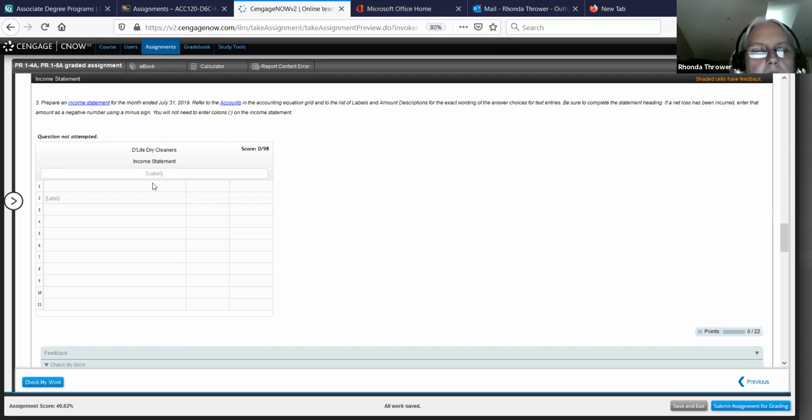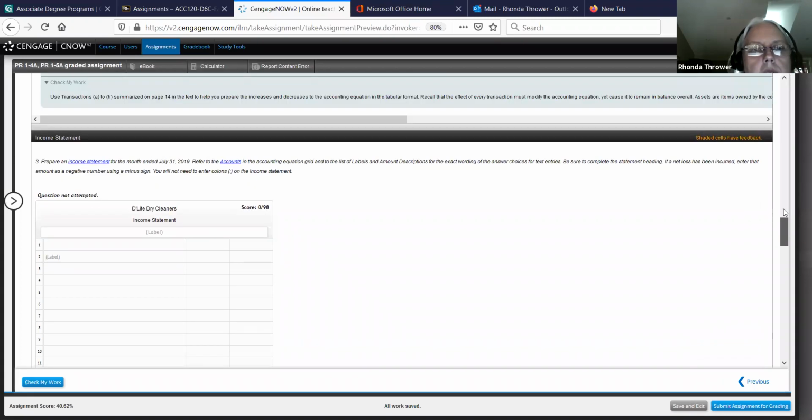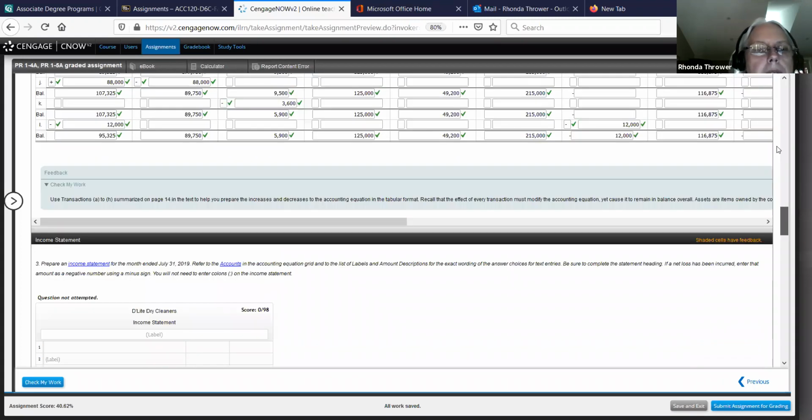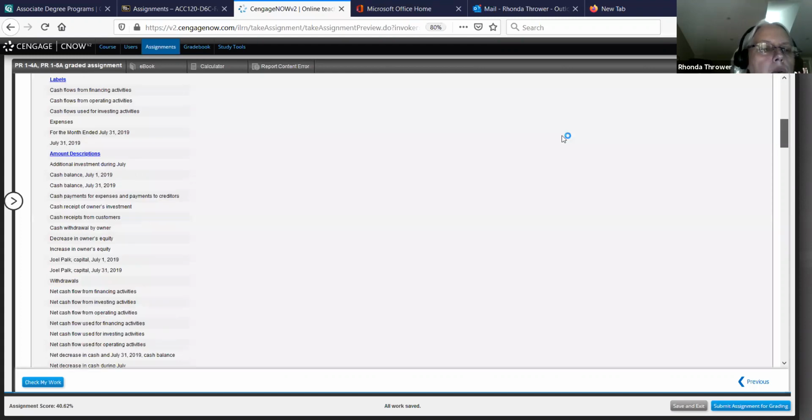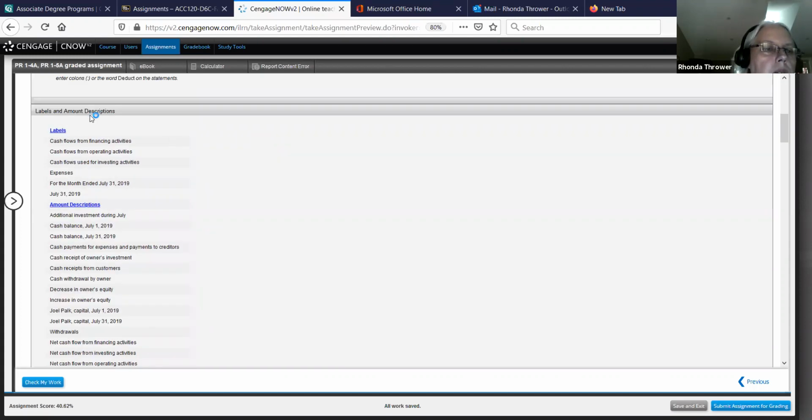These are hints to tell you what you're looking at here. You're going to look for a label. So I'm going to scroll up to where it says labels and account amount descriptions, and I'm going to choose a label to put there.